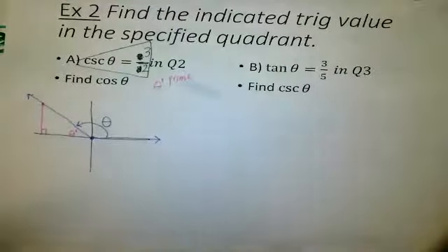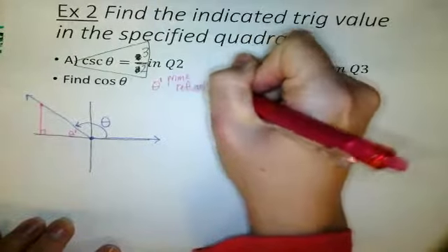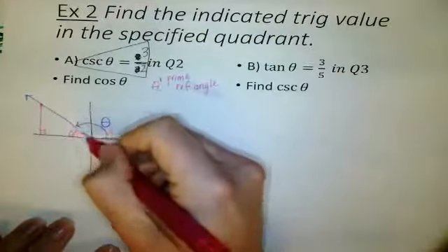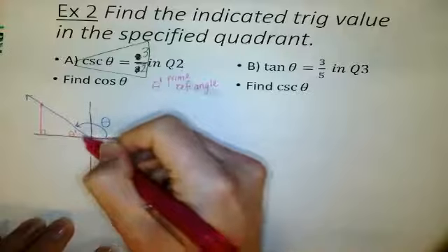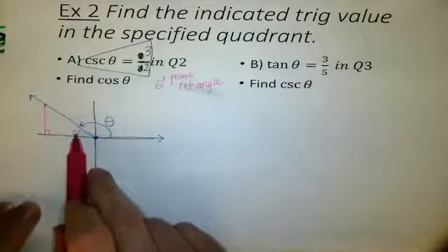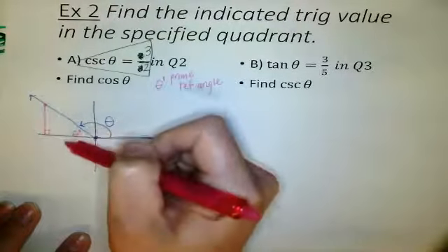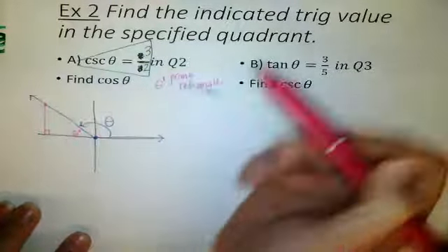Theta prime is going to be our reference angle. It's the angle that's between the terminal side and the x-axis. It's always really close to the origin. And because we have this reference angle or reference triangle, now I can see my opposite side and my adjacent side and my hypotenuse.